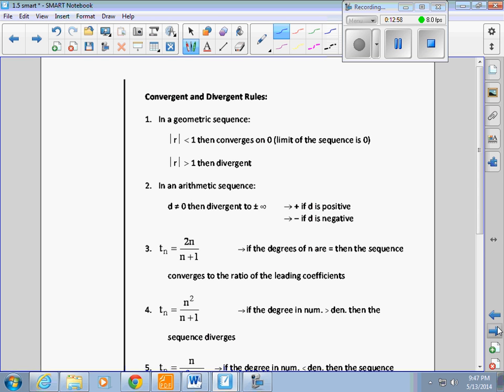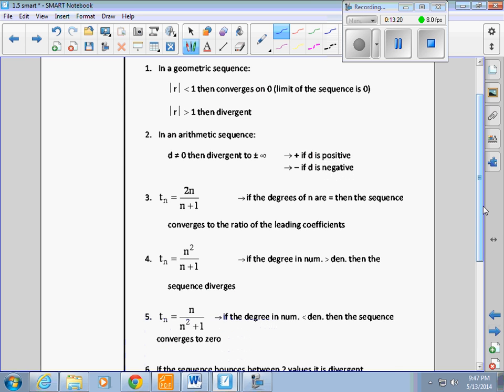If r is greater than 1, then you're going to have a divergent series. So for the first one, you'll be able to find a sum that it's getting closer to. And in the other case where it's greater than 1, you're not going to be able to find the sum. In an arithmetic sequence, if d is not equal to 0, then it is divergent to positive or negative infinity.